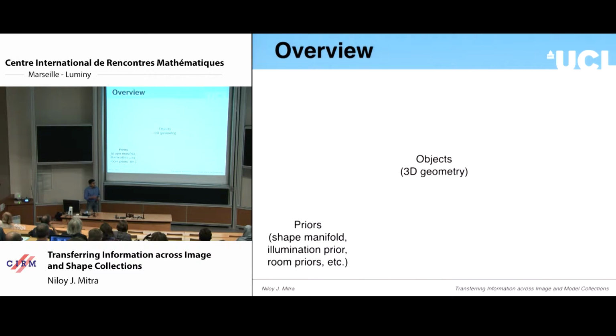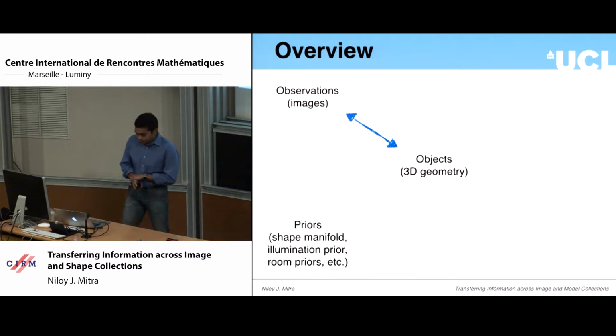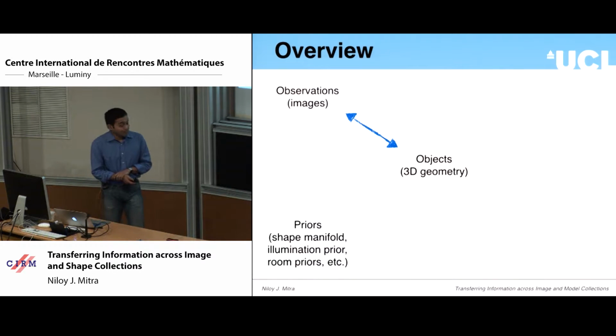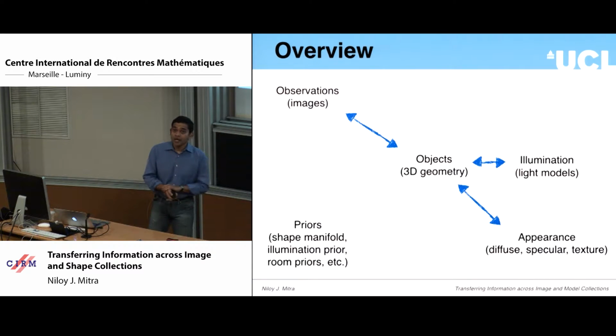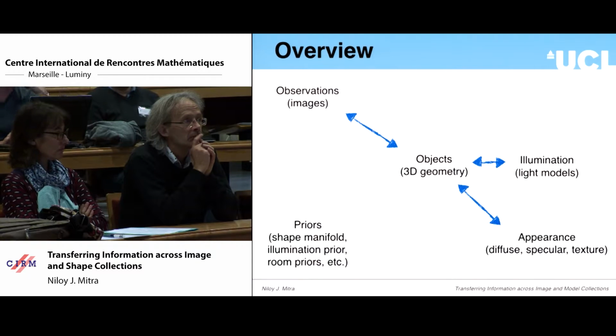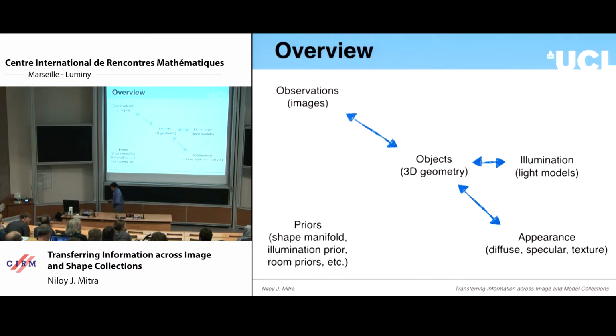The first part of the talk will be the interaction between images and 3D models, and we'll see what that means. The second part, which will be a bit brief, will be talking about how illumination and appearance interact with the 3D objects. And the third part, which is, I think, quite different from stuff we have seen so far, will bring in dynamics of objects, and we'll see how physics interacts with 3D objects.